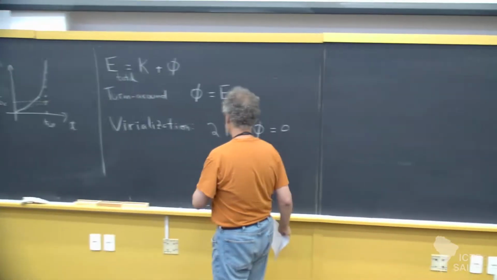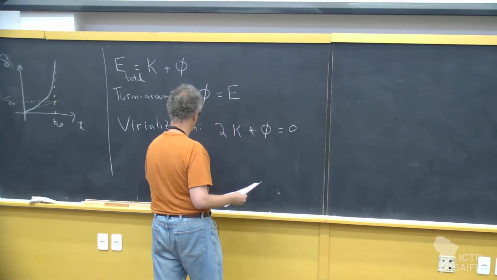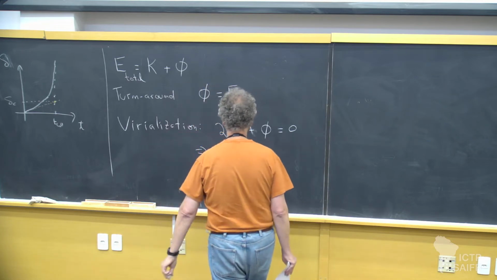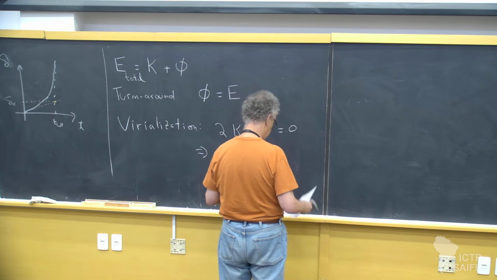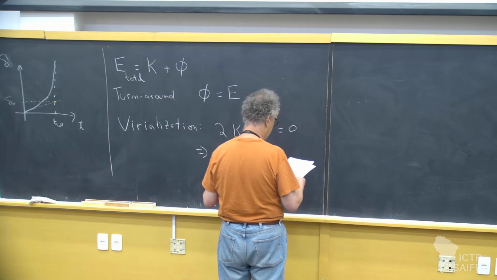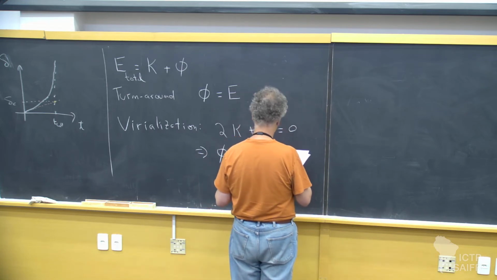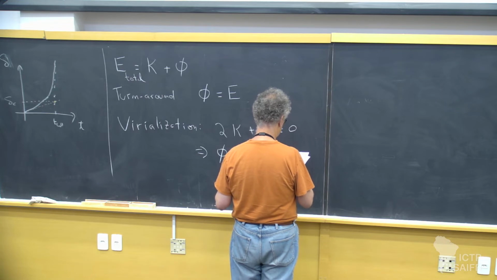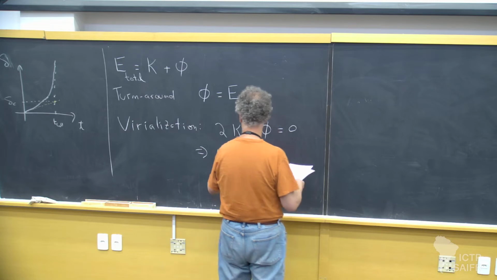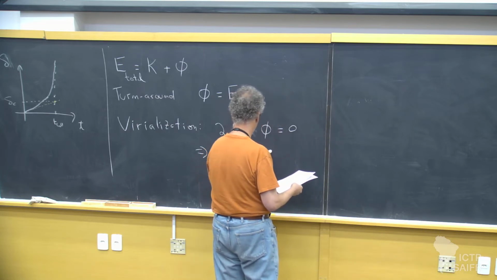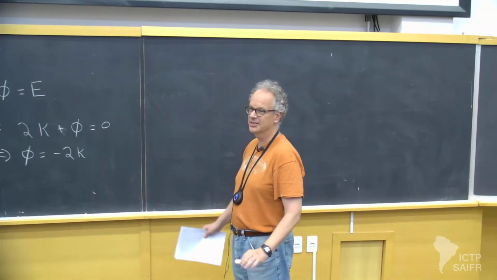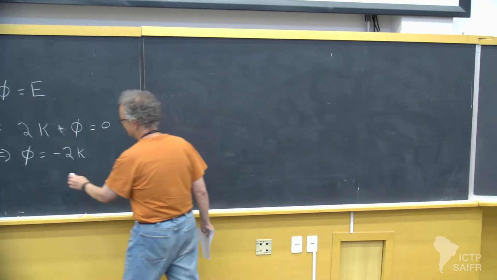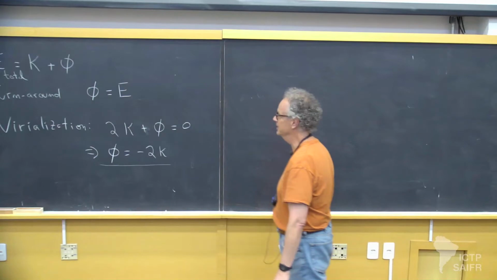So at virialization, the potential energy is minus 2K, minus 2 times the kinetic energy. That's simple, right? This is the condition for virialization.